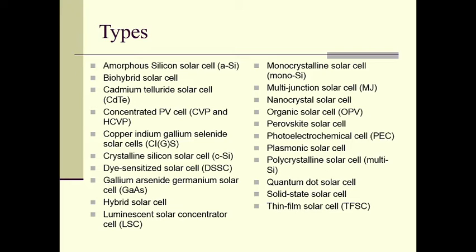We have hybrid solar cells, luminescent solar concentrator cells, monochromatic solar cells, multi-junction solar cells, nanocrystalline solar cells, organic solar cells, perovskite solar cells, photoelectrochemical solar cells, plasmonic solar cells, polycrystalline solar cells, quantum dot solar cells, solid state solar cells, thin film solar cells. So we have various types of solar cells. We will see some of the types.